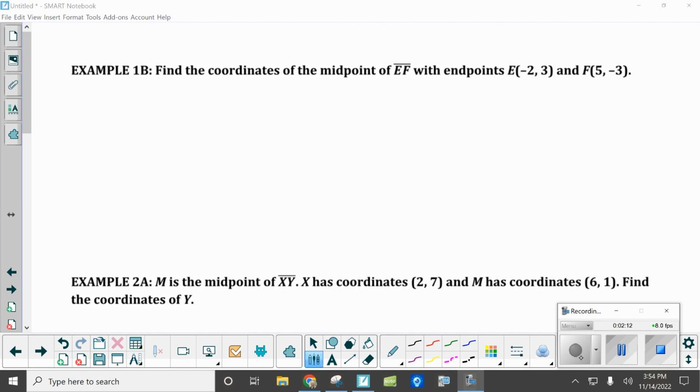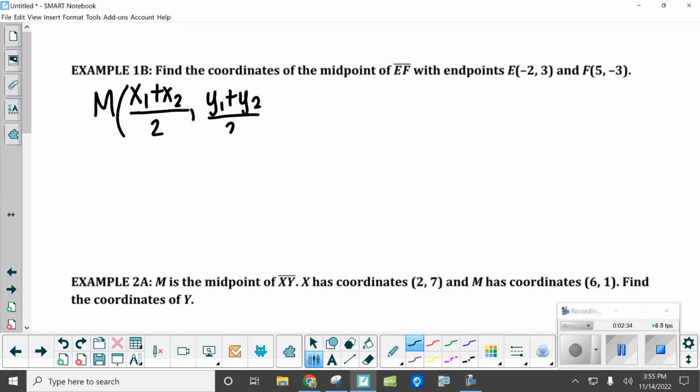Alright, so we'll do another one. You want the midpoint again, so that's this formula: x1 plus x2 over 2, and y1 plus y2 over 2. So for the endpoints, this one is my x1, this one is my x2. I just call it x1 and x2 depending on which one comes first and which one comes second.